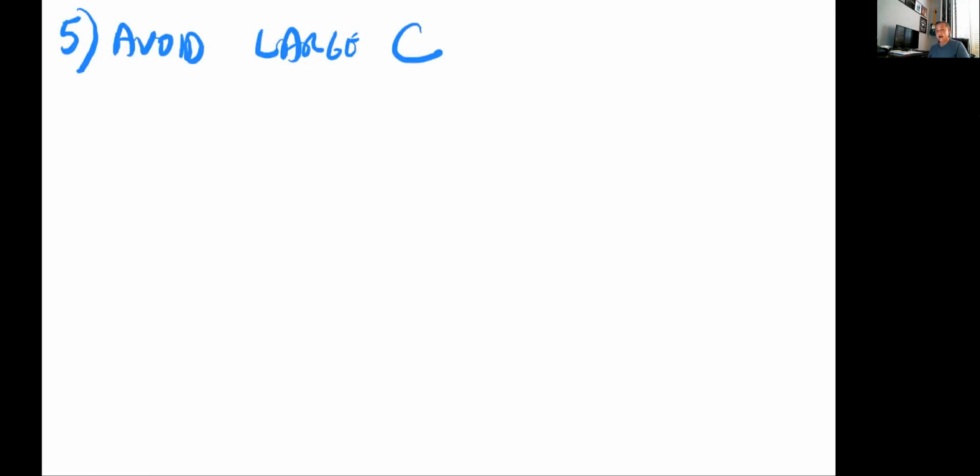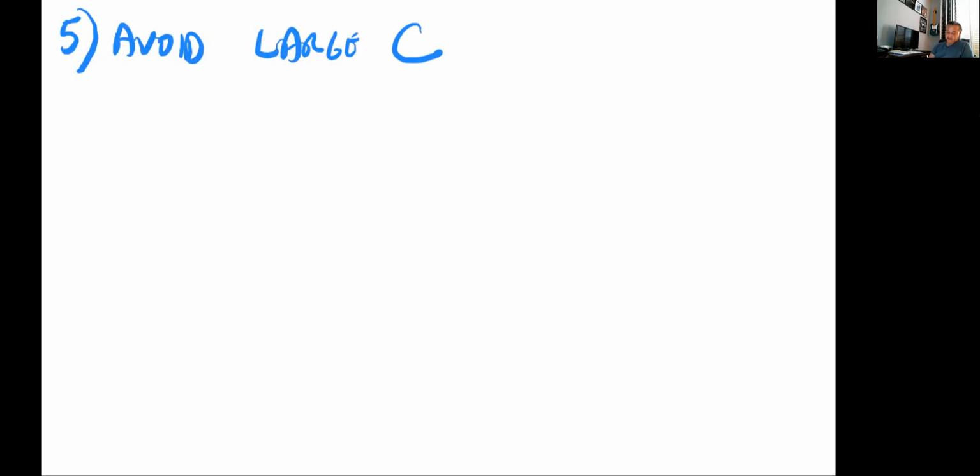All right, so point number 5, when it comes to analog integrated circuit design, we want to avoid large capacitances. We can make good small capacitors because, again, we can make transistors, and tying the source and the drain of a transistor will form a capacitor with the gate as the other electrode.